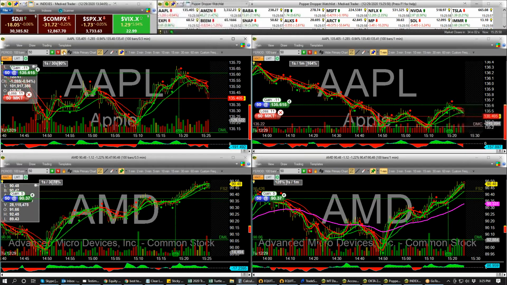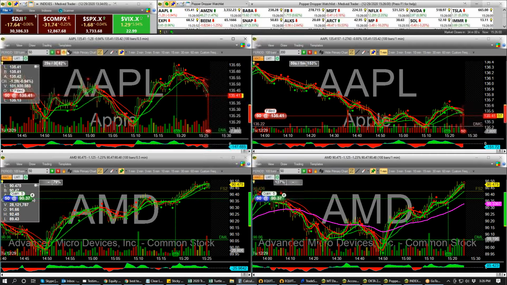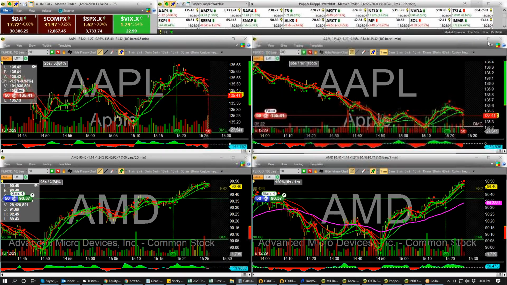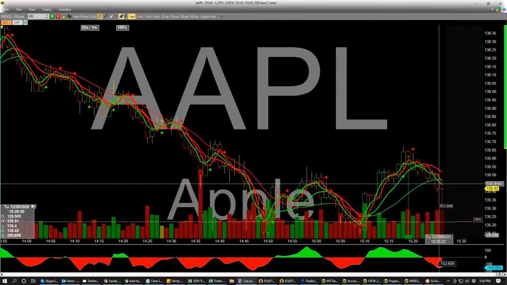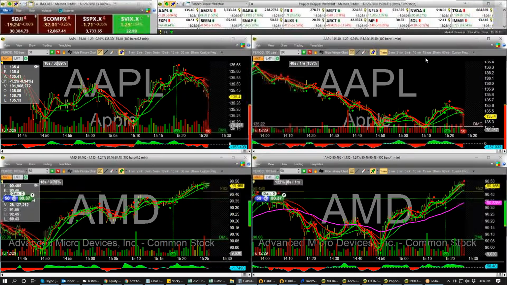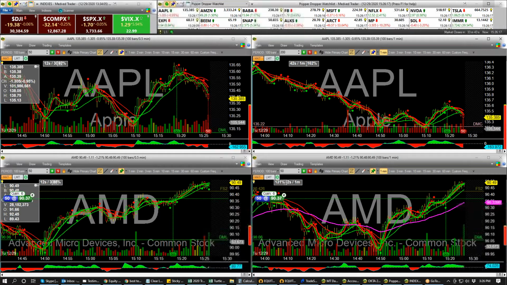We've moved underneath both HMAs on the half minute. We've moved under on the 1 minute, under the 34. We moved under both of them, right? So that one didn't work.